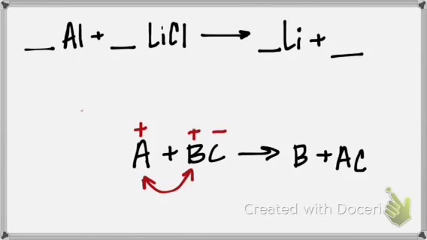I heard the beginning of it. Swap and drop. You have to swap and drop. Something easy, but it's also easy to forget sometimes. Anytime you are making a new compound, you have to swap and drop. So, what's my charge on aluminum?